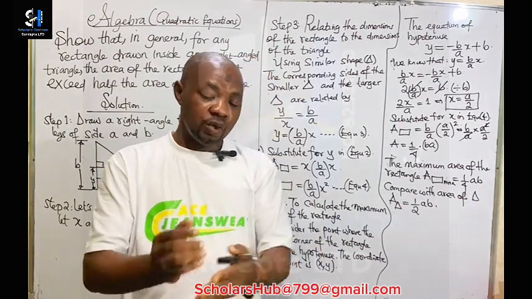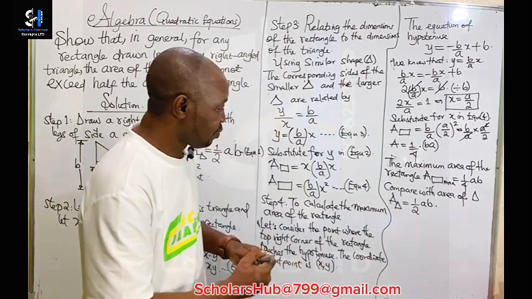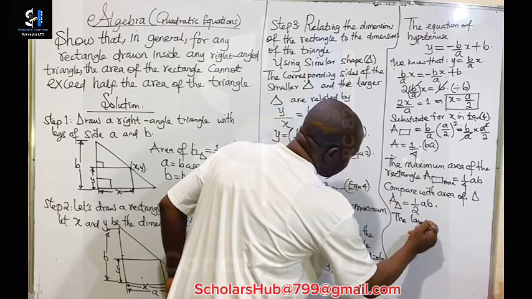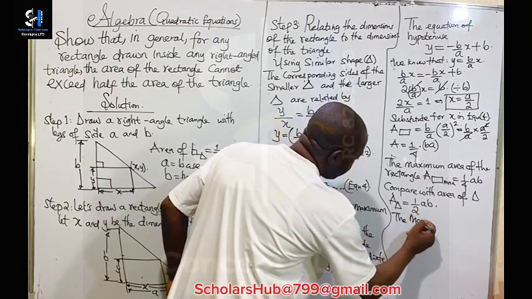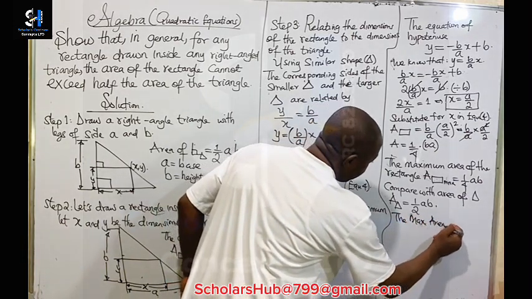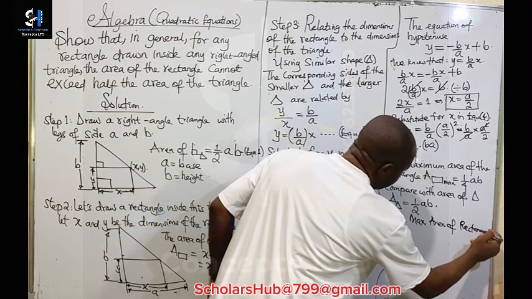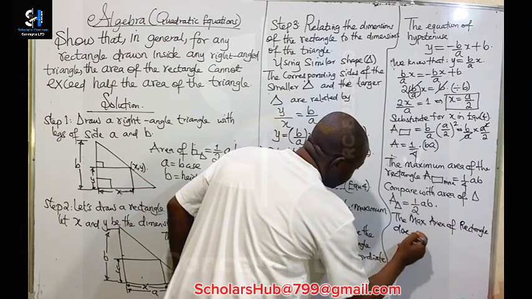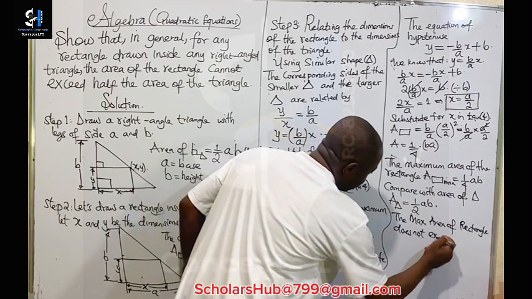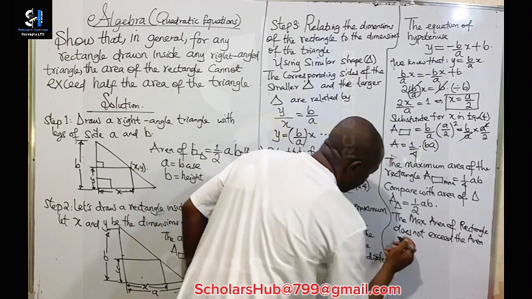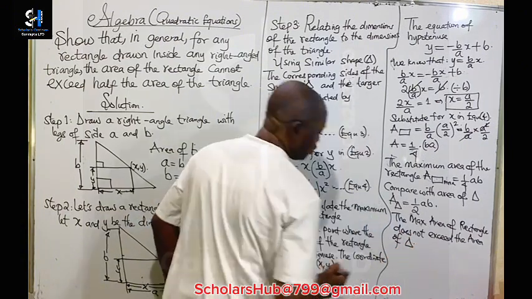So if x is equal to a, when compared, we can see here that the maximum area of the rectangle does not exceed the area of the triangle.